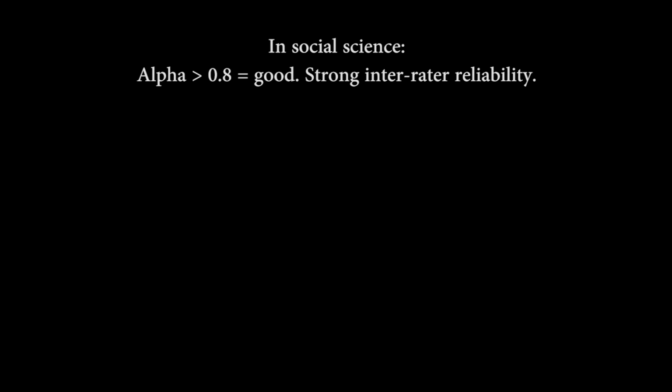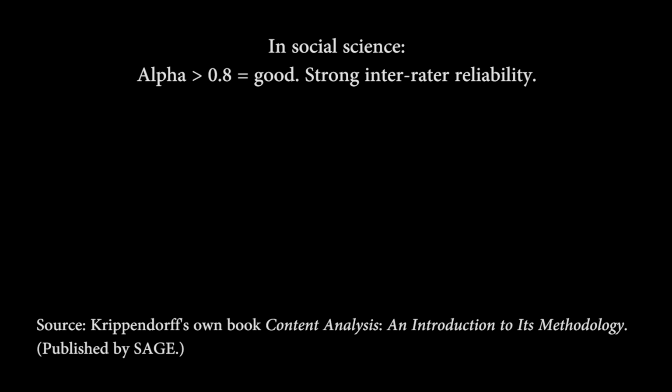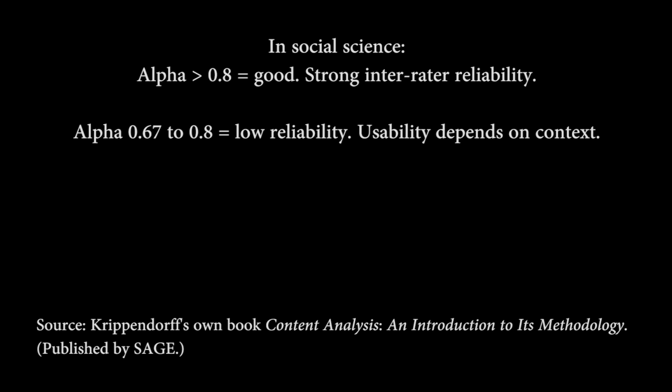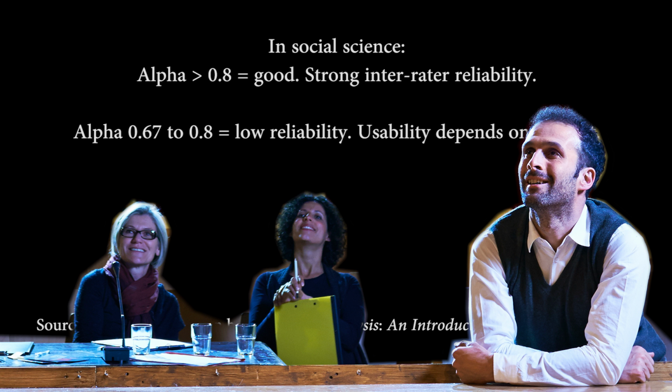In social science, an alpha value over 0.8 is good. It indicates a strong inter-rater reliability in your data. An alpha value below 0.8 but above 0.67 indicates low reliability, and its usability depends on the context.